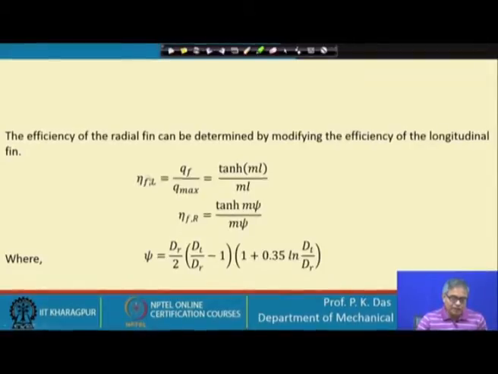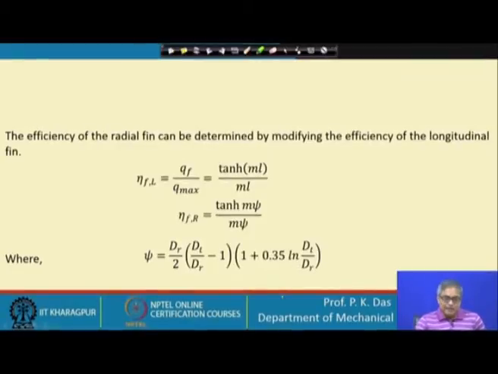So, you see I have given eta f L, the longitudinal fin efficiency, given by tanh(m l) by m l. All the symbols have their usual meaning. L is the length of the fin. Probably for the circular fin I have used a capital L, but L is the length of the fin. Now, for the radial fin, we will use tanh(m psi) instead, where psi is given by the geometry of the fin.